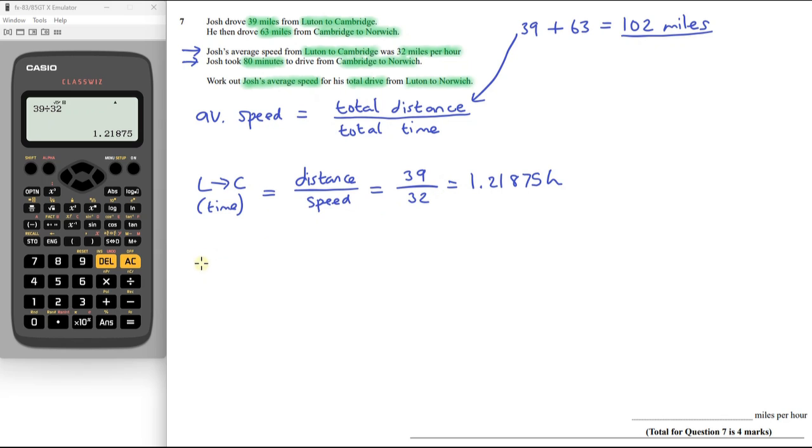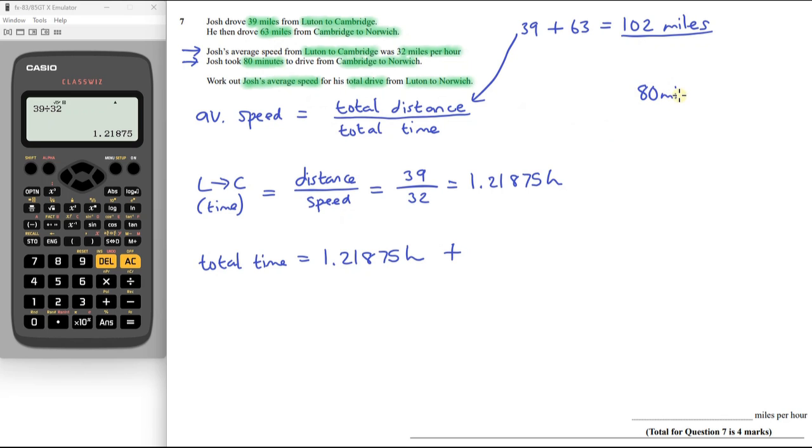So the total time is going to be the time from Luton to Cambridge, which is 1.21875 hours, plus the time from Cambridge to Norwich, which is 80 minutes. But I'm not going to put 80 minutes in here because we've got hours and minutes. So let's convert 80 minutes into hours.